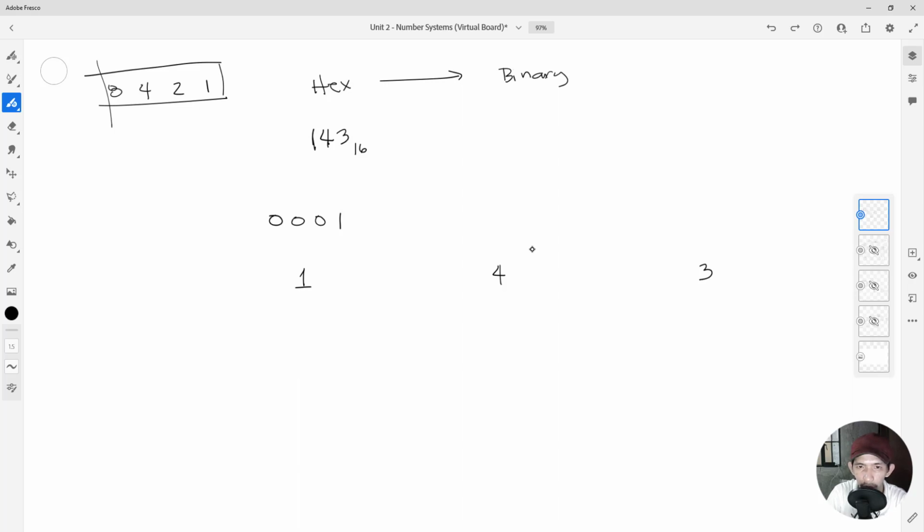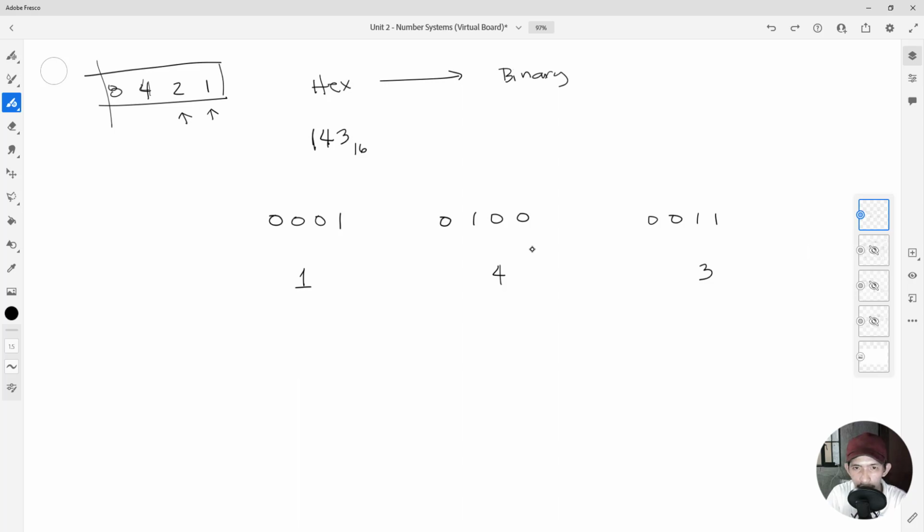Convert 4 into binary. We have an available 4 here, so we use 0, 1, 0, 0, because we only turn on the 4. Then for 3, we turn on the 2 and the 1. So that becomes 0, 0, 1, 1. That is 3.